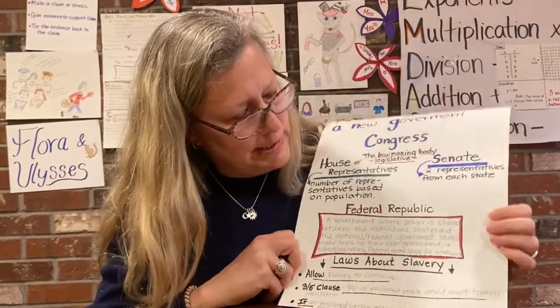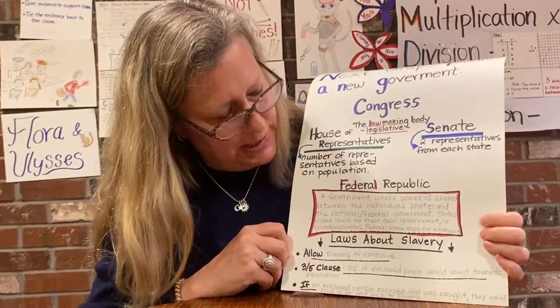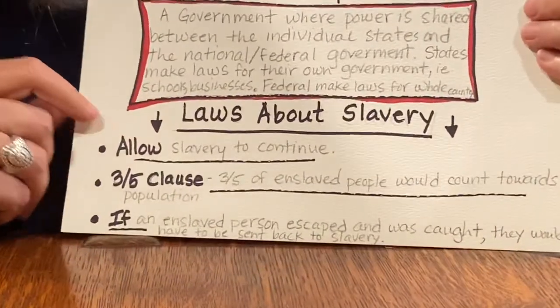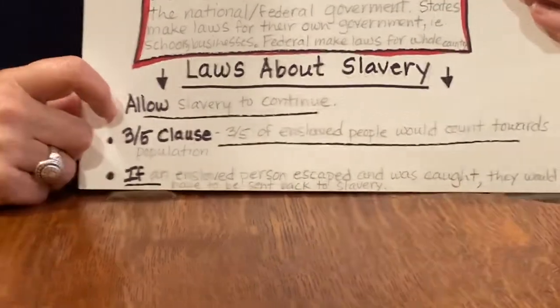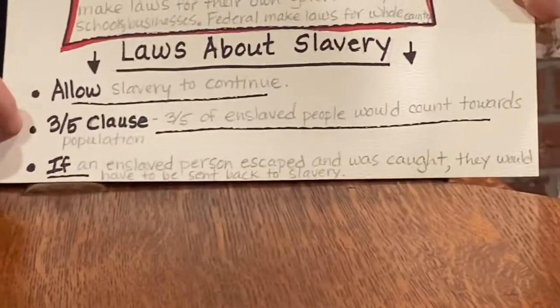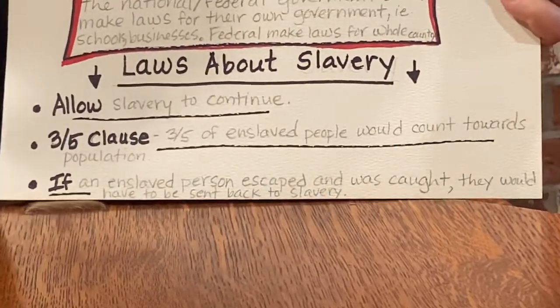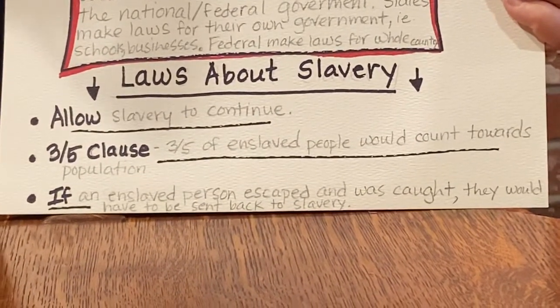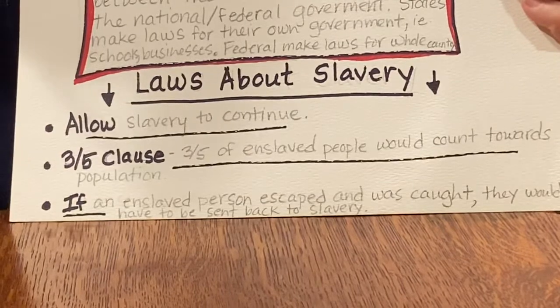And then finally, the saddest part of this is the laws that were passed about slavery. The first was just to allow slavery to continue. The next was the 3/5 clause, whereby the number of slaves would add to the total population.